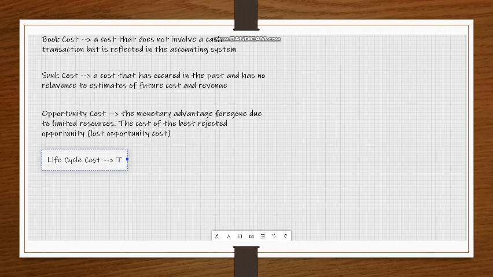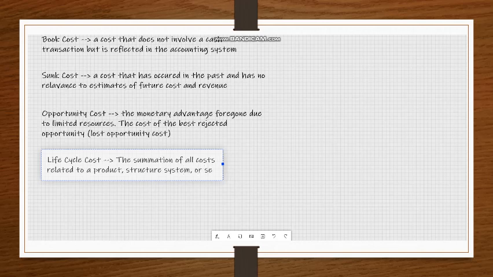It is the summation of all costs related to a product or structure system, as a civil engineer, or service during its lifespan.